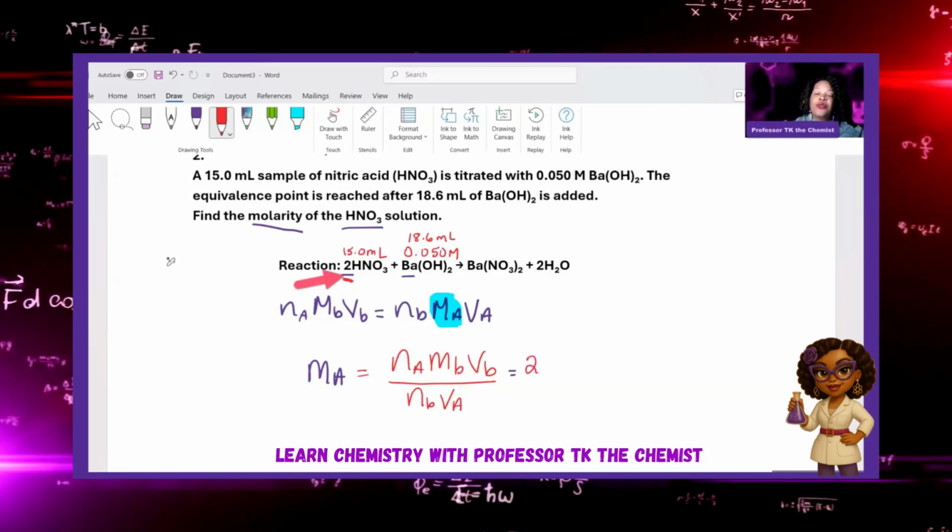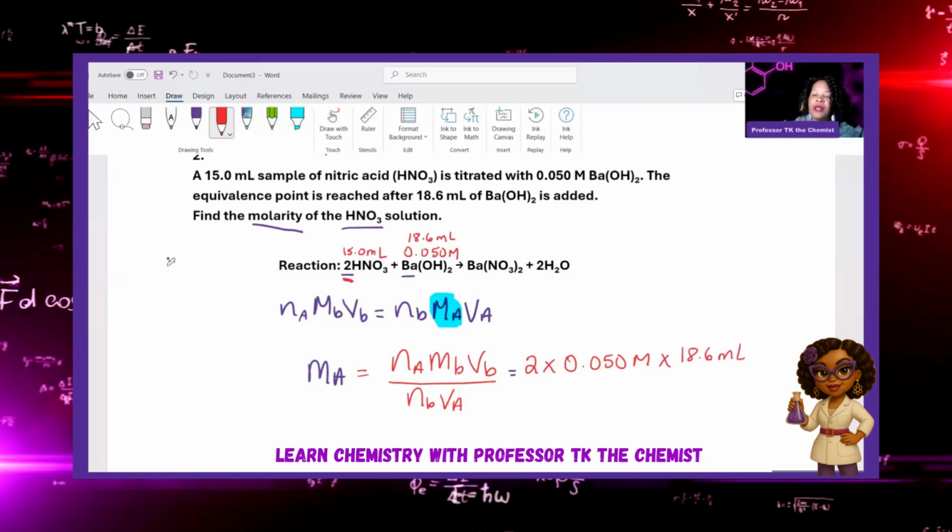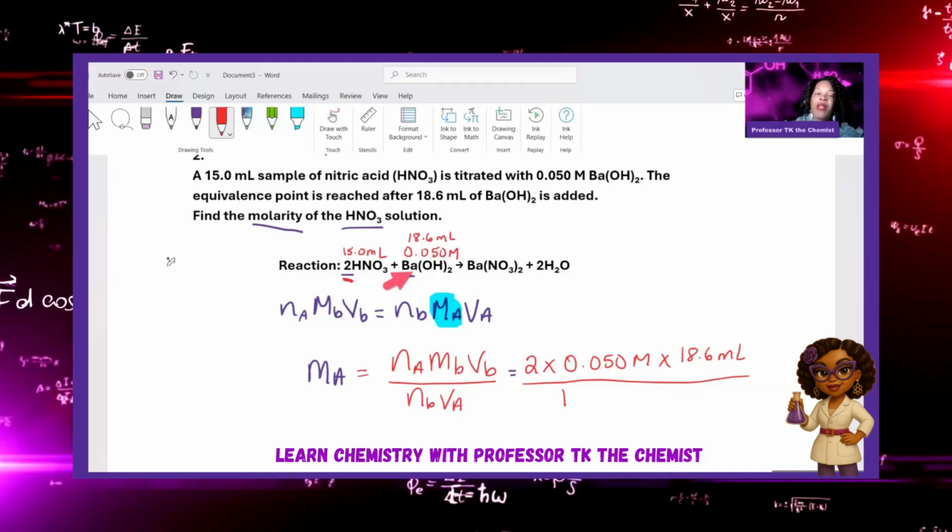So I'm going to say 2 times the molarity of the base, which was 0.050, times the volume of the base, which is 18.6 milliliters. We're going to divide that by the moles of your base, which is 1, because there's an imaginary 1 in front of barium hydroxide, times the volume of your acid, which is 15.0 milliliters.